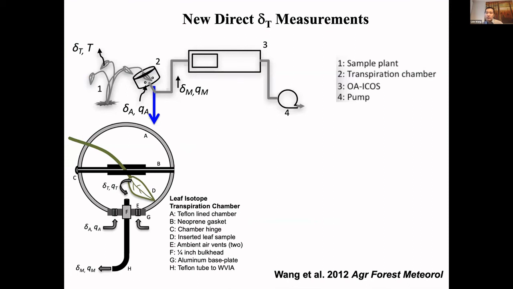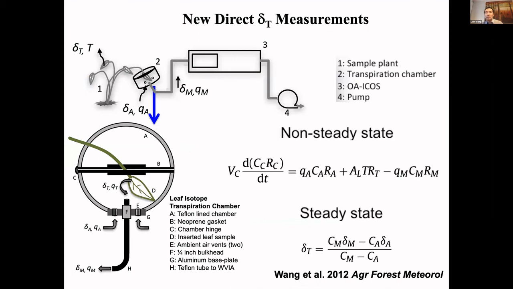Here is an example of using a chamber-based method coupled with a laser instrument to measure the transpiration signal. We can use that to capture the very fast response of the transpiration signal to, for example, vapor pressure deficit, soil moisture change, or lighting change.